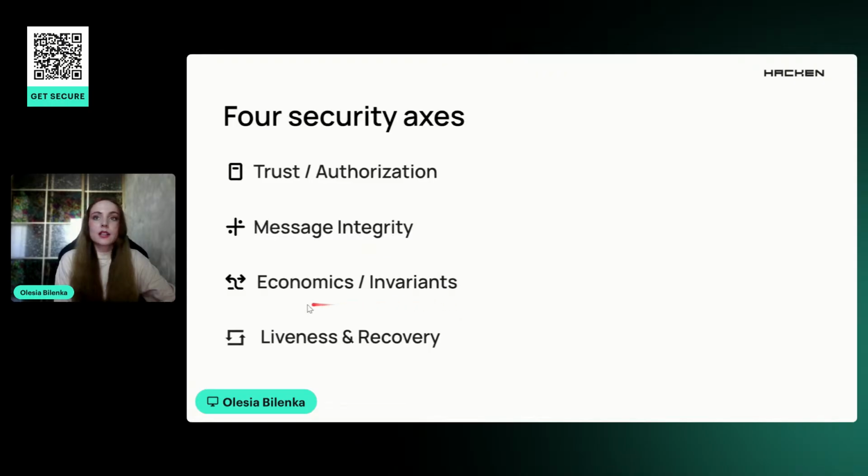And the last but not least is liveness and recovery. So what happens if something goes wrong, both off-chain and on-chain? For example, if validators go offline or the bridge is paused, can users still recover their funds? These are the questions which we as auditors need to ask. And for each axis, we will look at the design, demonstrate a real exploit, implement the fix, and rerun the same exploit on the fixed version.